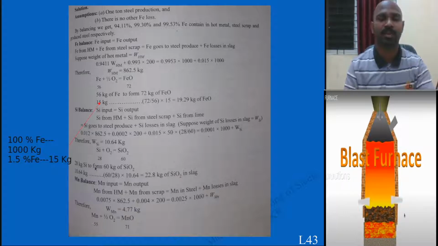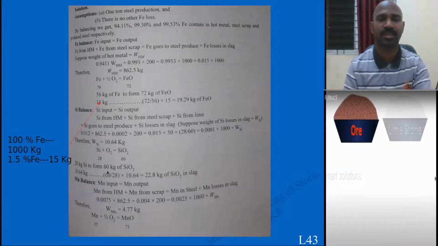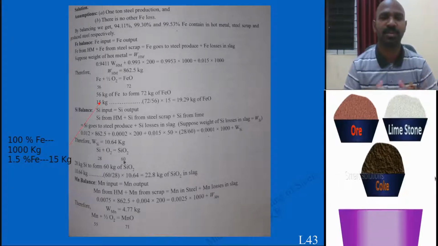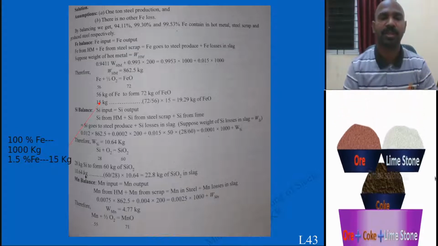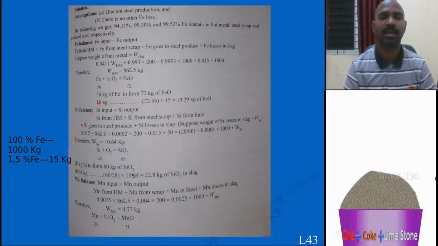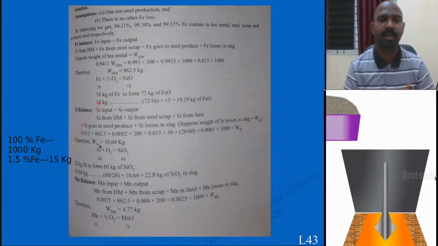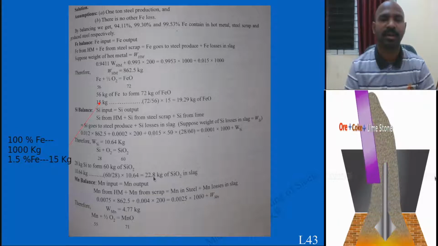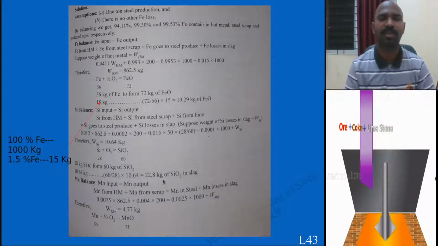Then when you take this particular thing, 28 kg of silicon is required to form 60 kg of SiO2. Then how much with respect to the 10.64 kg, how much SiO2 slag is formed? This is with respect to the silicon. Now you are going to calculate SiO2 slag. So this is what you are going to get.